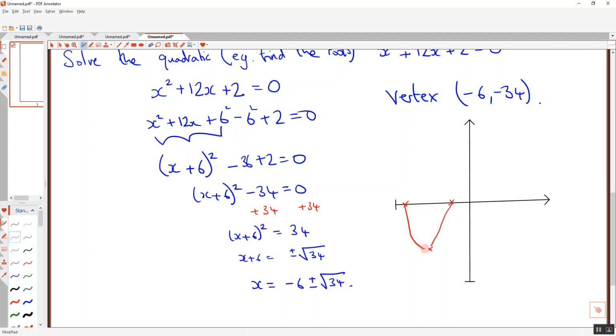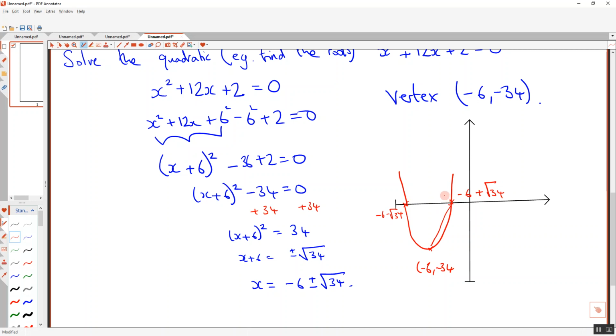This is badly drawn. Okay, and it's going to go something like that. So my vertex is here. And then I've got my points, -6 plus the square root of 34, and this one is -6 minus the square root of 34. So it's just telling us, Jesse, where it crosses the x-axis, okay?